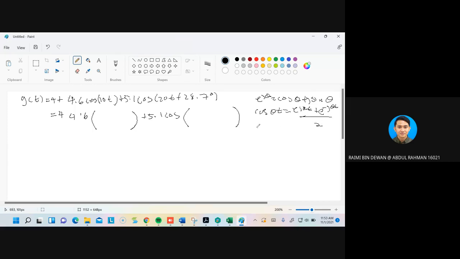Then how about sine? You have sine theta t equals e to the j theta t, minus e to the negative j theta t. We don't have to use sign here because in the question we already combined. You see here it is negative, and the denominator is 2j.